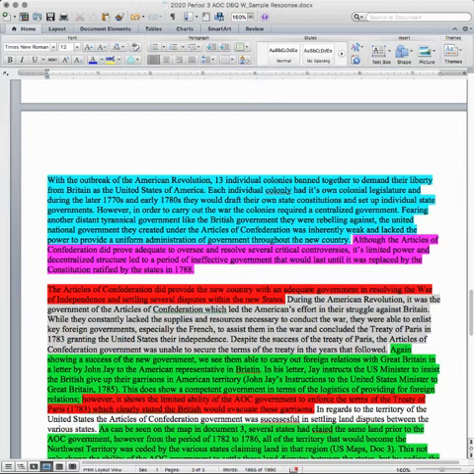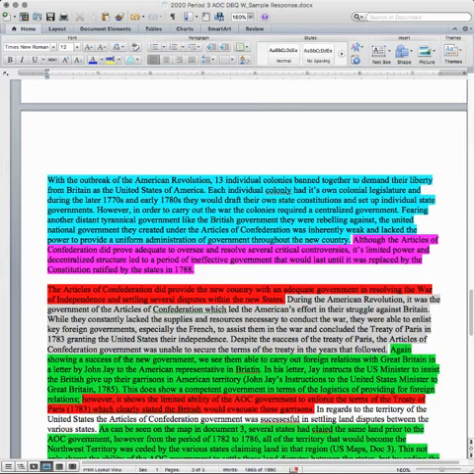With the outbreak of the American Revolution, 13 individual colonies band together to demand their liberty from Britain as the United States of America. Each individual colony, no spelling, had its own colonial legislature, and during the later 1770s and early 1780s, they would draft their own. So right now, that's a run-on sentence. I'm running out of breath, so I should have some punctuation somewhere there. But again, you don't have time to really go back and edit.